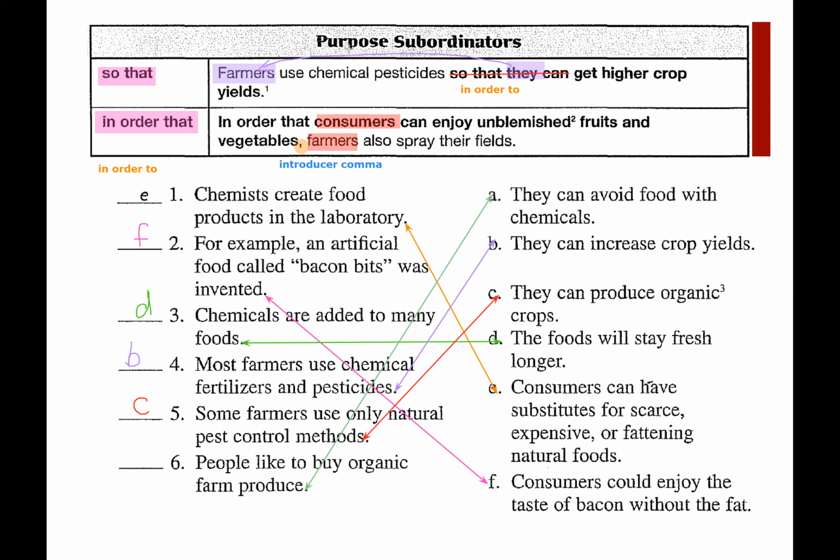That is the difference between "so that" and "in order that," which are subordinators, and "in order to," which can be shortened to an infinitive, "to" plus verb, right? "In order to get" is the same as "to get." Okay, and that is it for the purpose adverbial clause.